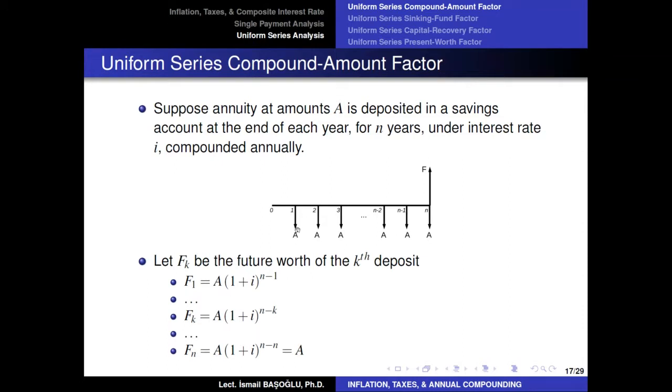Now, the first installment A is going to compound for n-1 years, as you can see from the end of the first year until the end of the nth year.